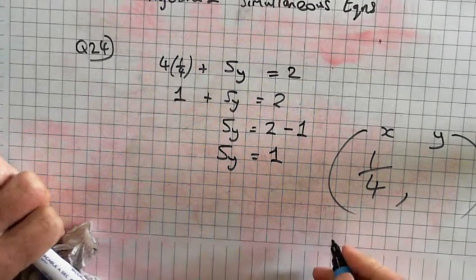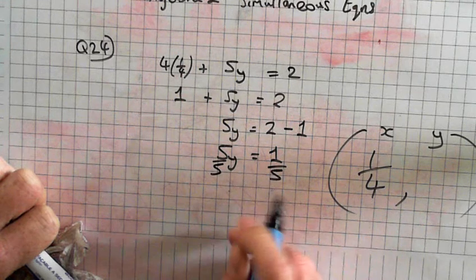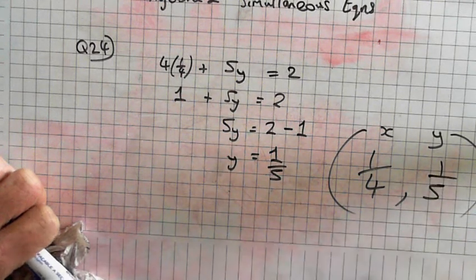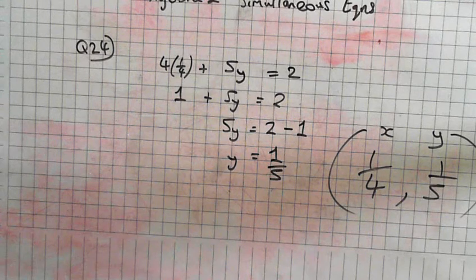What do we divide both sides by? Number in front of the y, 5. y is equal to 1 over 5. Not as bad as the look of it, as long as you follow the same steps.